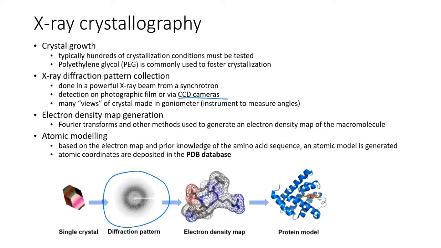And the crystal is going to be rotated, and then something called a goniometer is going to be used, and that goniometer is going to measure the angles between atoms.